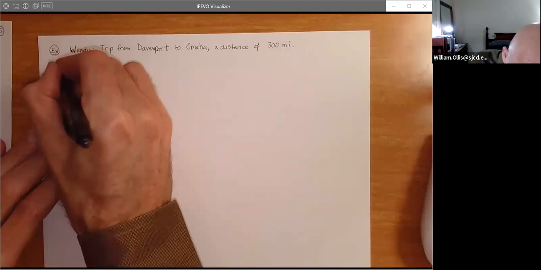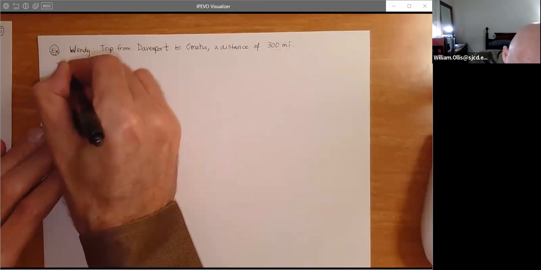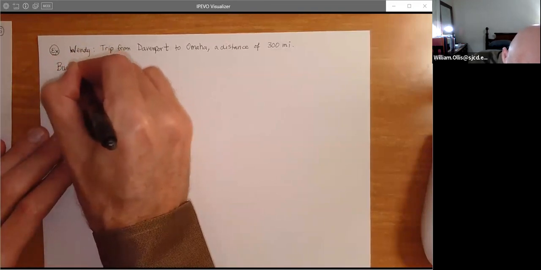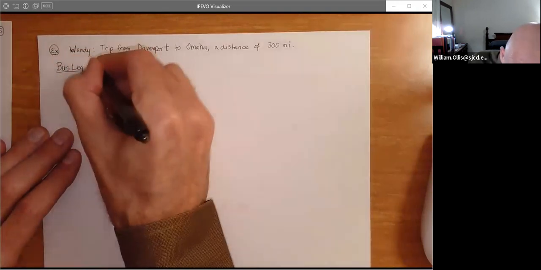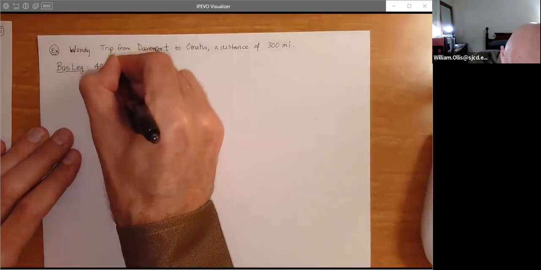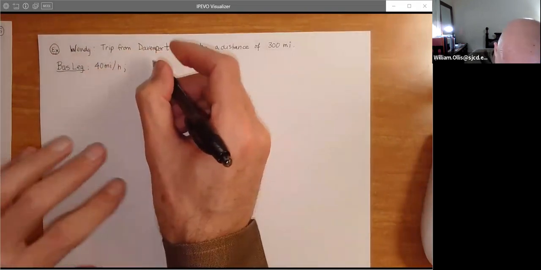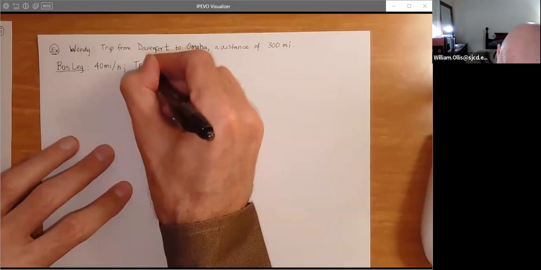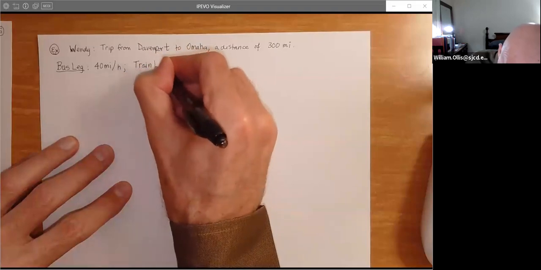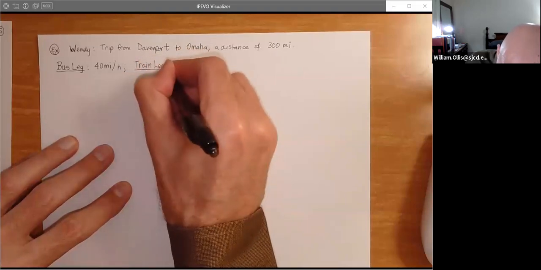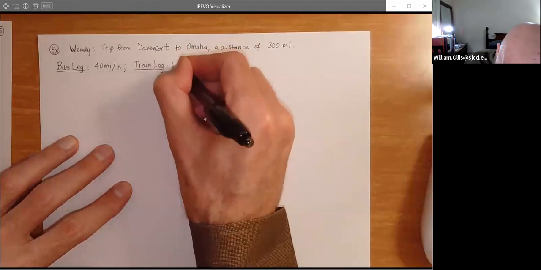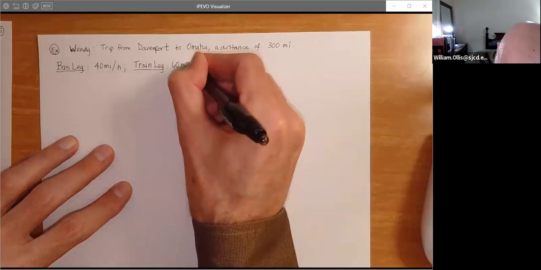So we'll just say bus leg. We have a rate of 40 miles per hour. And then we have a train leg, and we're gonna say that there's no lapse in time. The train leg has a rate of 60 miles per hour.